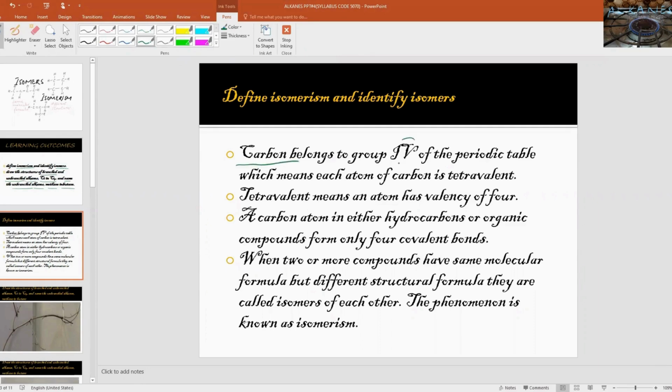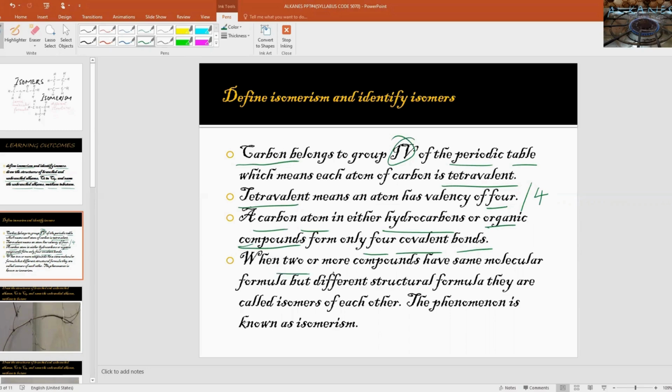Carbon belongs to group 4 of the periodic table, which means each atom of carbon is tetravalent. Tetravalent means an atom has a valency of 4. A carbon atom in either hydrocarbons or organic compounds forms only 4 covalent bonds.